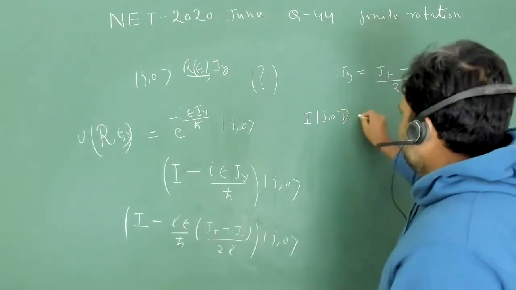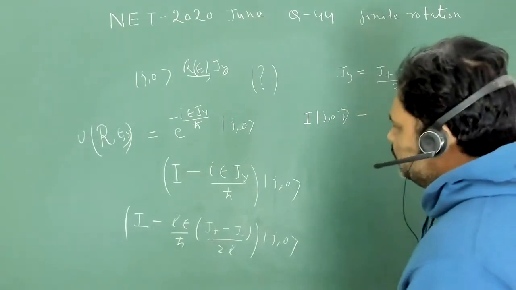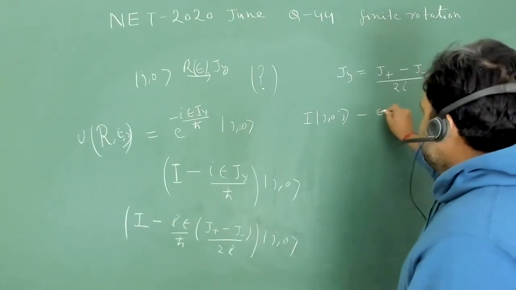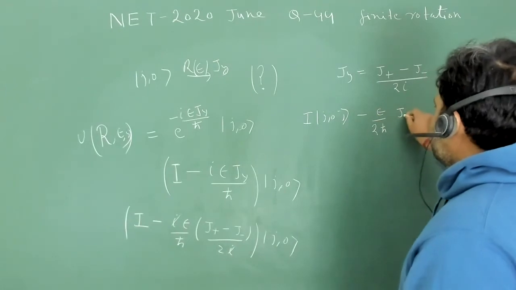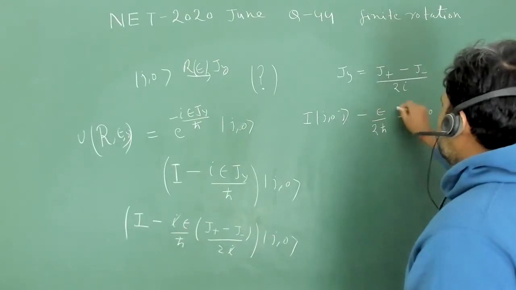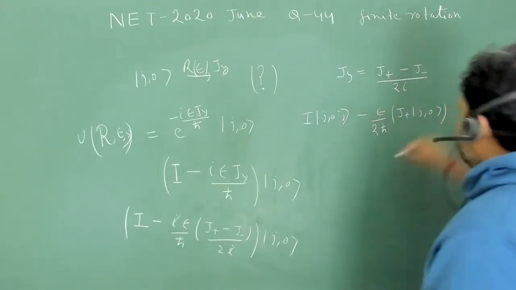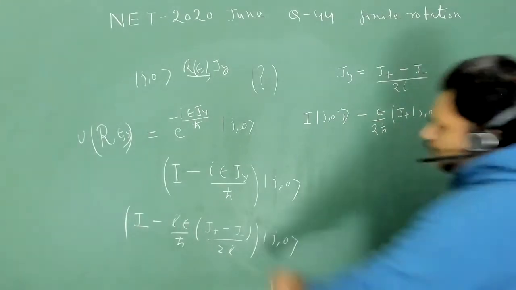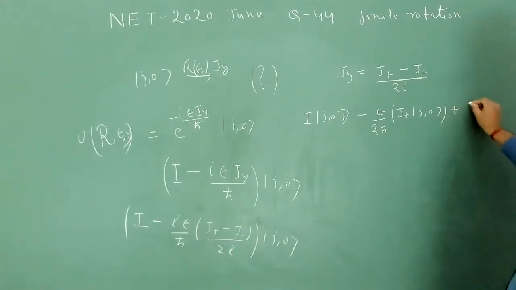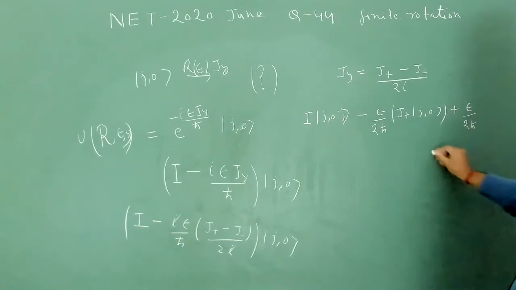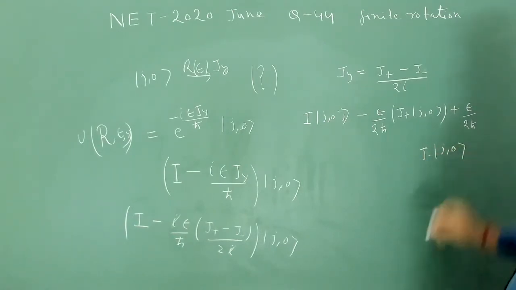The second term is minus epsilon upon 2 h cut, with J plus operating on |j0⟩. Then the minus minus plus gives epsilon upon 2 h cut, with J minus operating on |j0⟩.